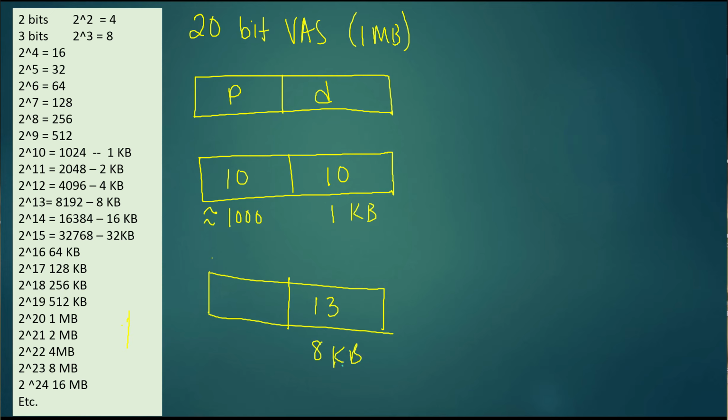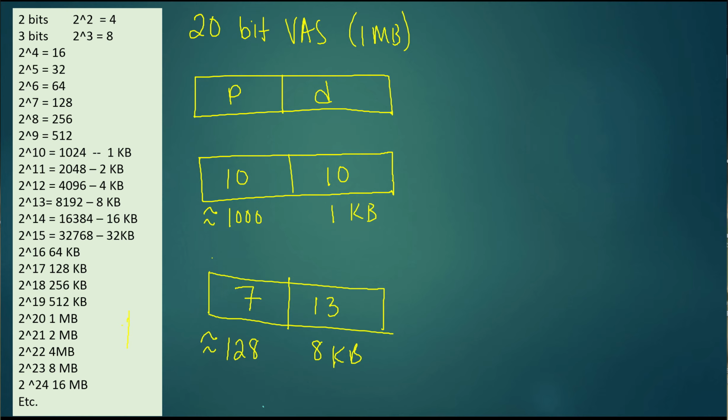So we have 8 kilobyte pages, and we have 7 bits for our page number. That would give us approximately 128 pages. So you can see how if you make your pages larger, you would have fewer pages, and if you make your pages smaller, you would have more pages.